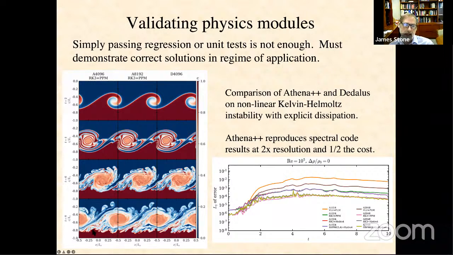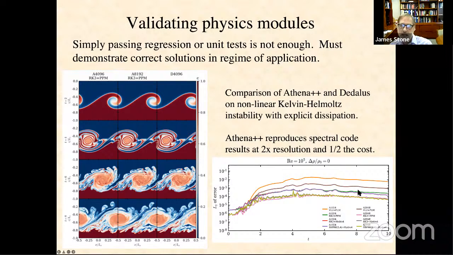At Athena 4096 squared, there are some slight subtle differences between the secondary KH rolls that develop in the nonlinear regime. But at 8192 squared, the Athena solution is basically pixel by pixel identical. And you can be much more quantitative. You can calculate the L1 error norm between the two solutions as a function of time. And you can show how the solution converges to the Dedalus solution.